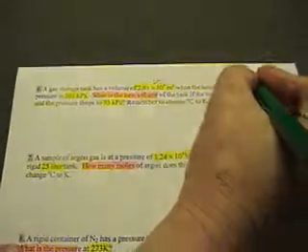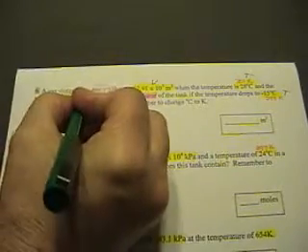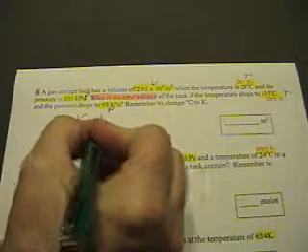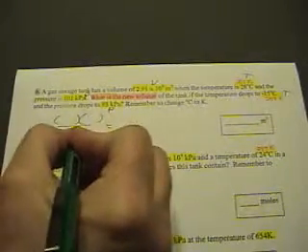Alright. Volume, temperature, temperature, pressure, pressure. What is the new volume?